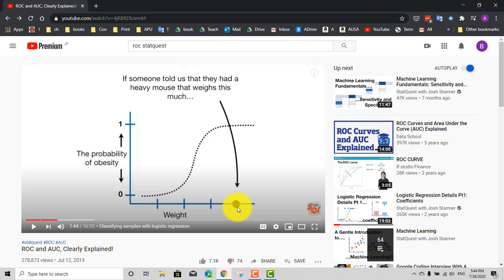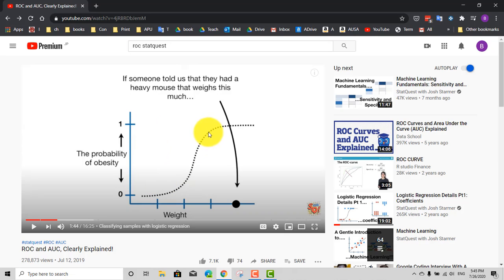We have a classification model basically, and it's going to predict either obese, which is up here, or non-obese, which is down here. For this particular weight, if some mouse had this weight, then it's going to predict up here, a very high probability of being obese. In other words, it's probably going to predict that it's obese.